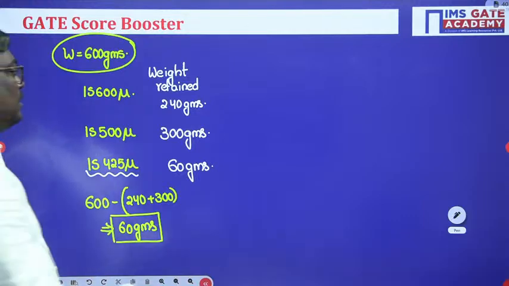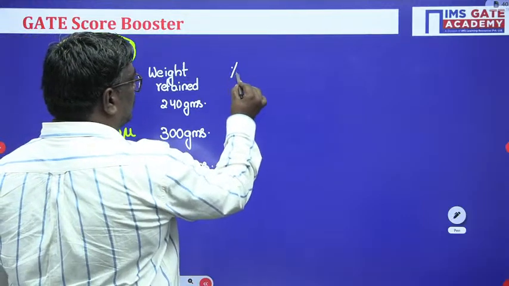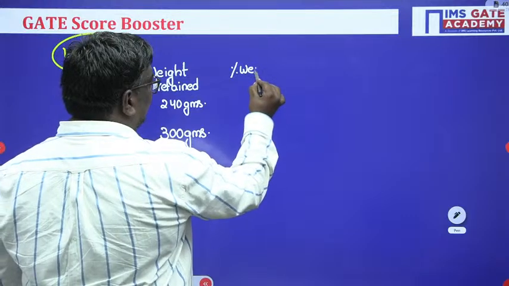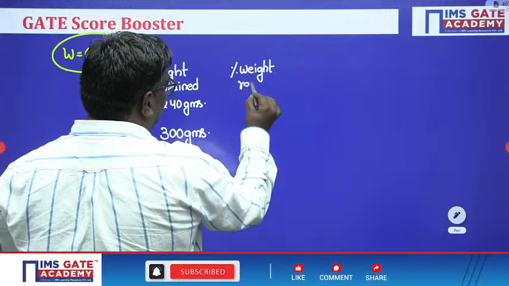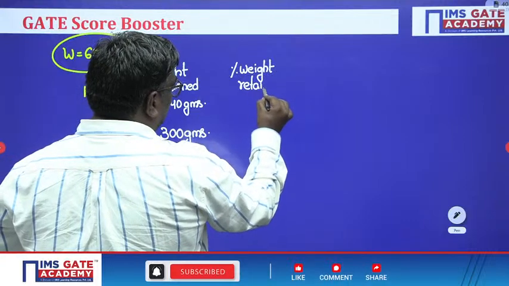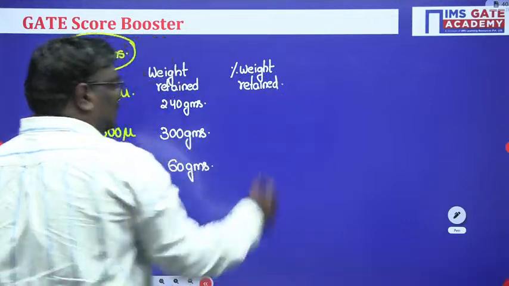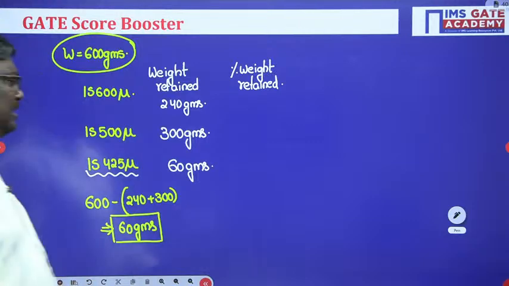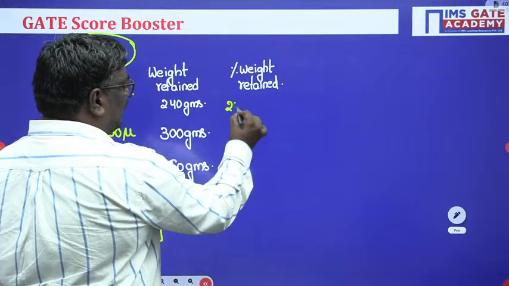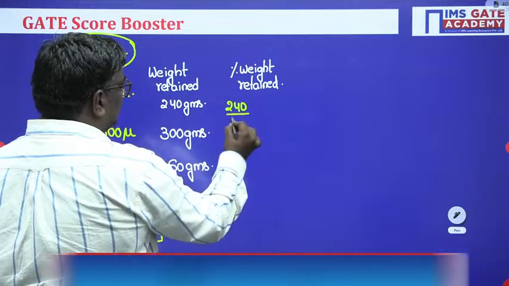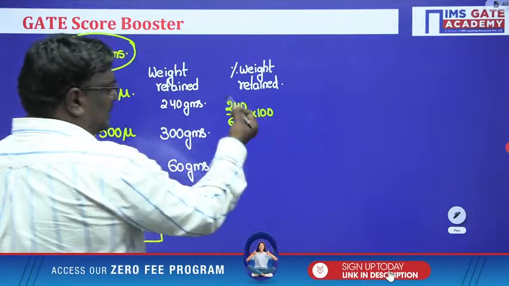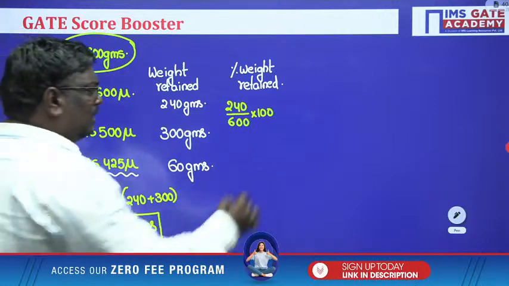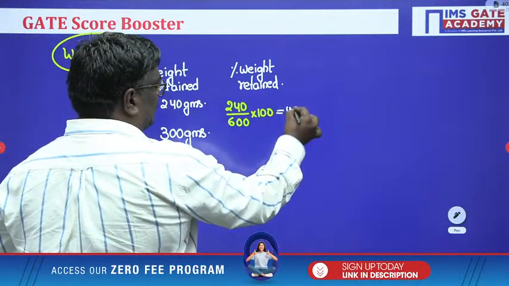Agree? Now if I talk about percentage weight retained, you should be very careful here, students. What is percentage weight retained? It is nothing but 240 upon total weight 600 into 100. So 240 by 6 is 40 percent.